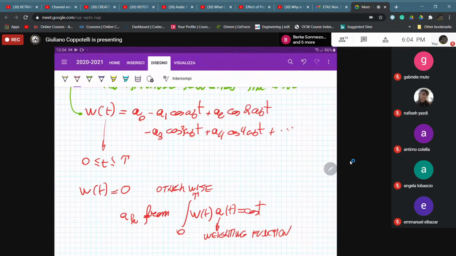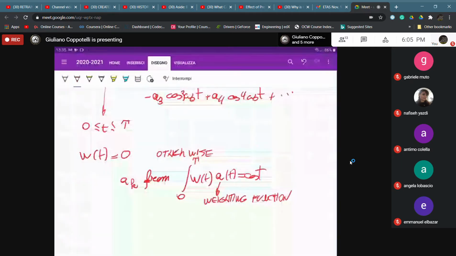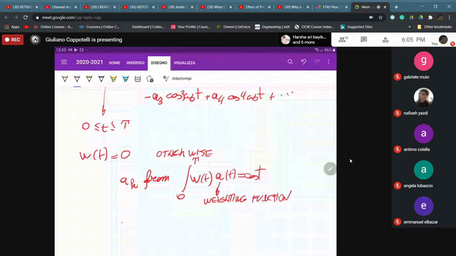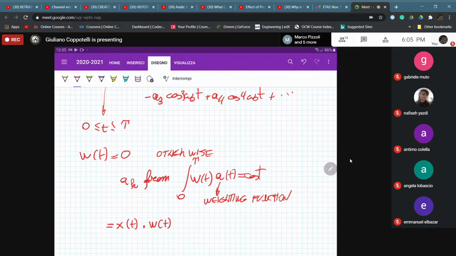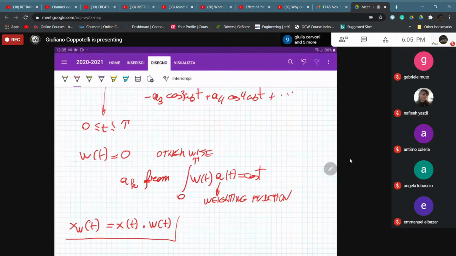What can we do with this window function? So what we are having is your whatever signal, okay, your measured signal x(t), times your windowing function is finally called your x_w. That is your windowed signal, okay?